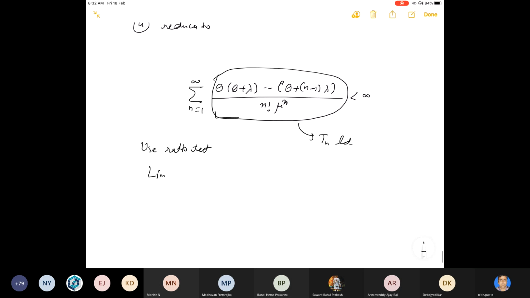So limit as n goes to infinity tn plus 1 upon tn. If this is less than 1, then this series converges.